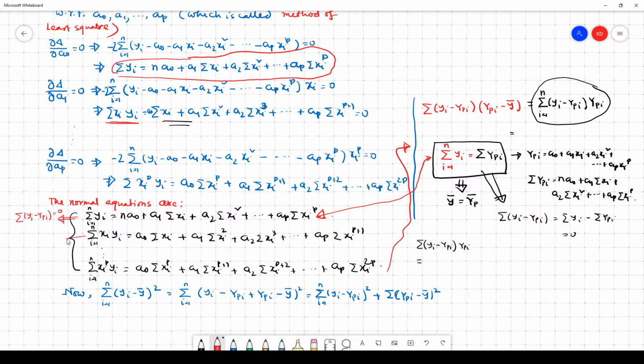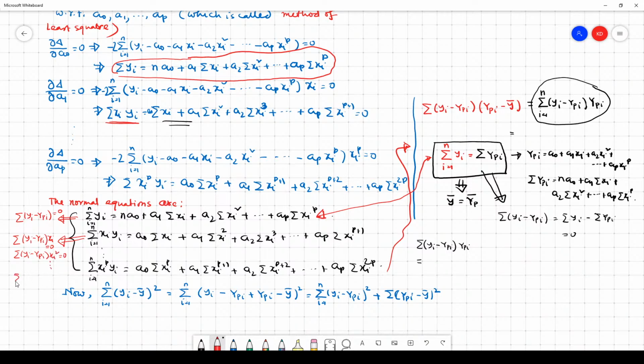And the second normal equation gives summation yi minus capital Ypi into xi equal to 0. Similarly, the third normal equation gives summation yi minus capital Ypi xi square equal to 0, and so on.